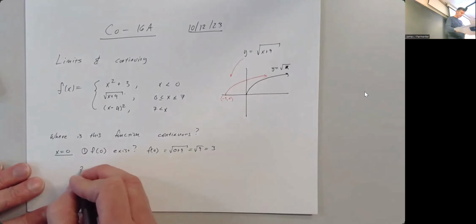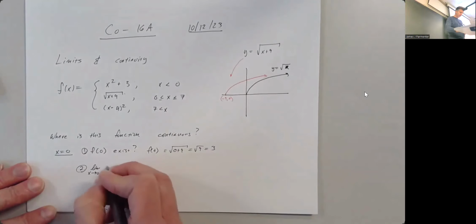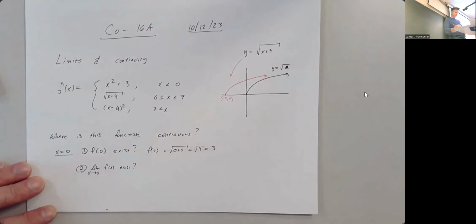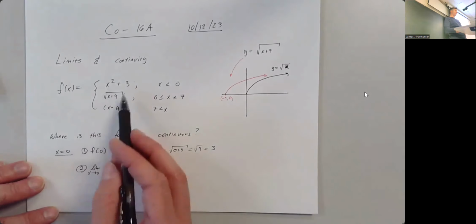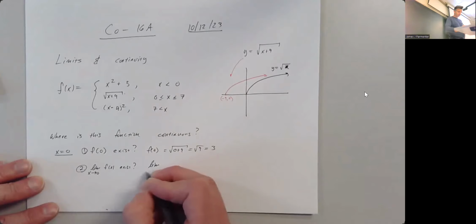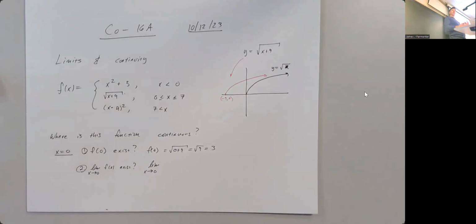Second thing, does the limit as x approaches 0 of f of x exist? Well, we have to do the two-sided limit here because we've got different functions on the left and the right of 0. So we're going to do the limit as x approaches 0 from the, I always like to pick the same side I've already used first.